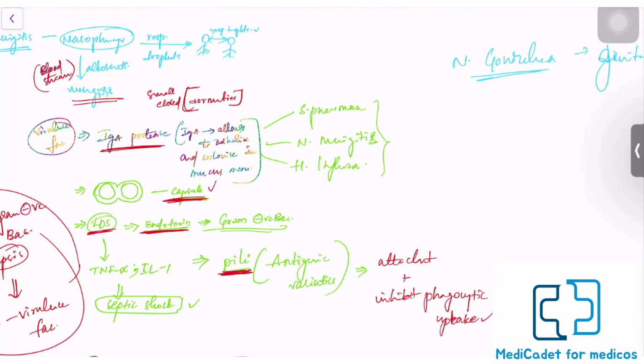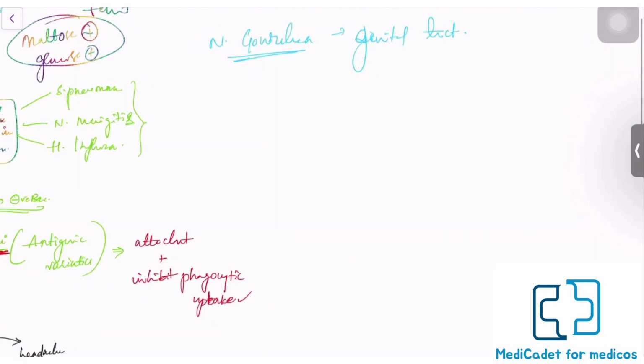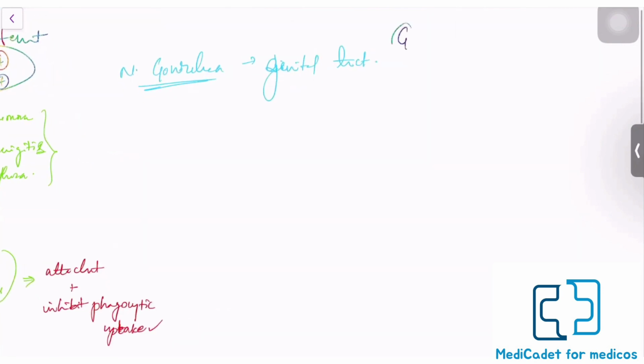But if they give any question related to lab kind of things, you need to know one more point: meningitidis can ferment both maltose and glucose. If it's gonorrhoeae, it can ferment glucose, but it cannot ferment maltose.